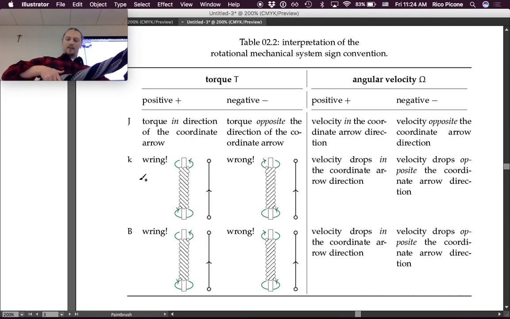You have to kind of twist it a few times before you really get a good feel for it. But if you wring it in the direction, so follow your fingers around in the positive right-hand rule sense and twist that direction. That is your positive torque.